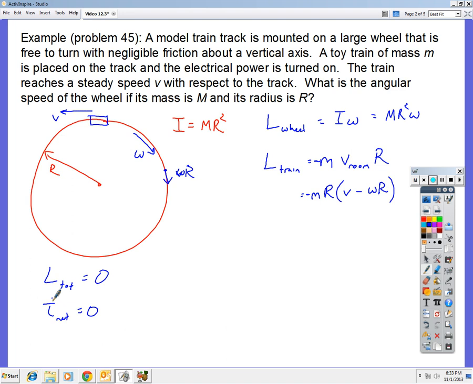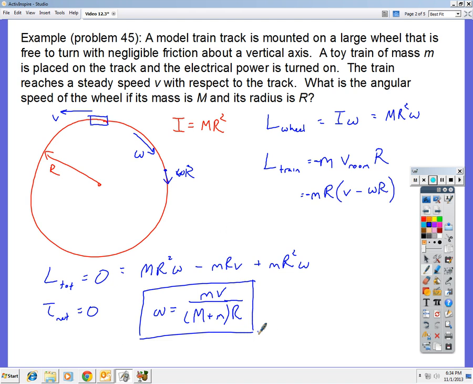And so you add all this up, so L total equals 0. That's Mr squared omega minus mrv plus little m r squared omega equals 0. And if we solve for omega, it's a fair bit of algebra that I encourage you to work through, but it works out to be mv over big M plus little m times r. And that is how you do that particular problem.